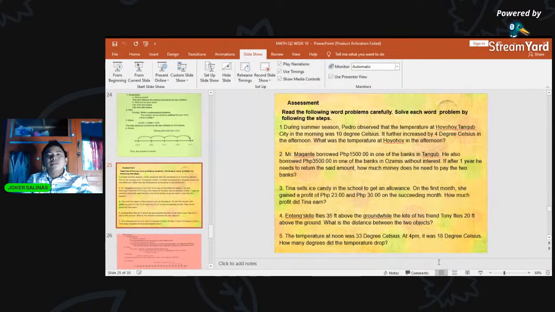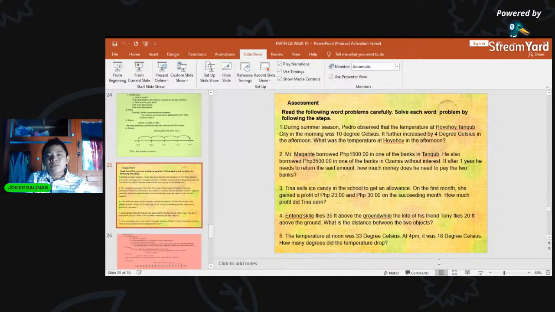I'm going to read problem number one. During summer season, Pedro observed that the temperature at Hoyohoy, Tangub City in the morning was 10 degrees Celsius. It further increased by 4 degrees Celsius in the afternoon. What was the temperature at Hoyohoy in the afternoon?